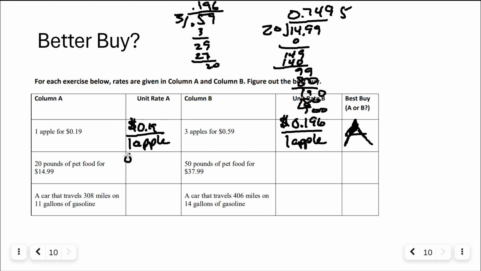So this is 0.4795 for 1 pound. 50 pounds of pet food for $37.99.